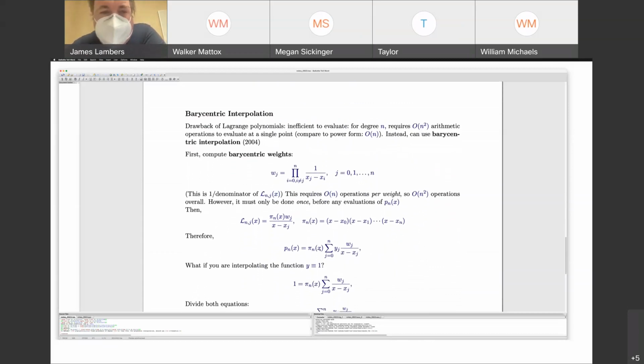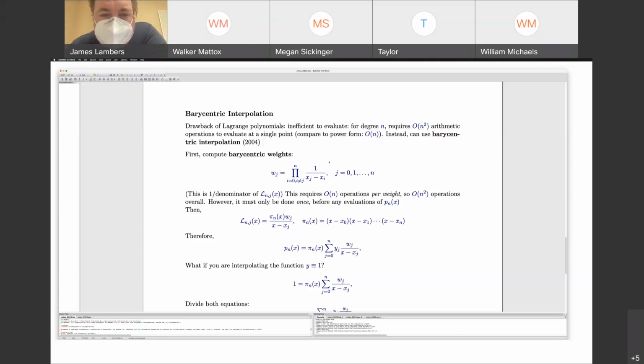So still working with Lagrange form. And what's interesting is this is actually a relatively recent development, so not even 20 years old. An approach to working with Lagrange polynomials that allows for more efficient evaluation, and it's called barycentric interpolation. Okay.